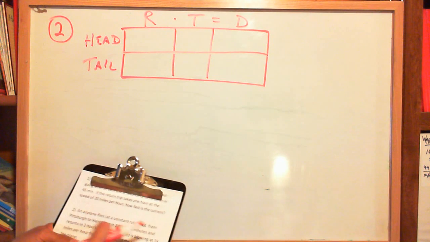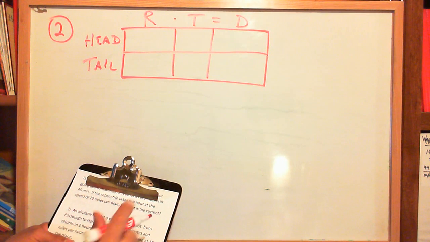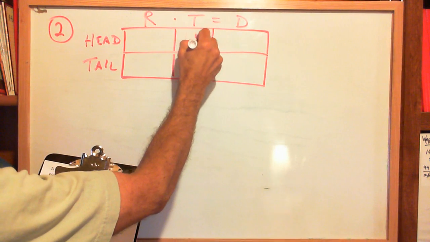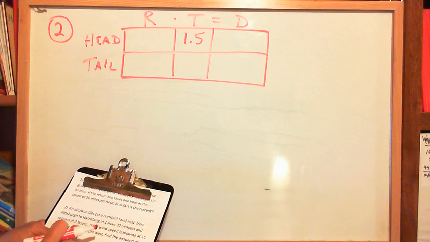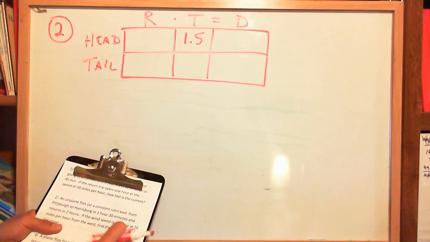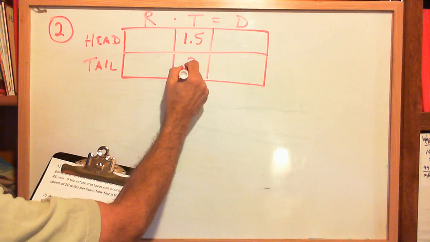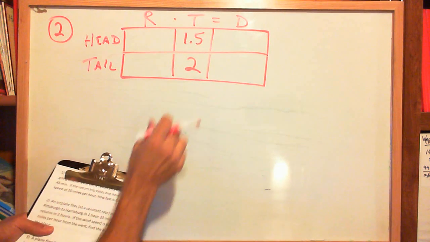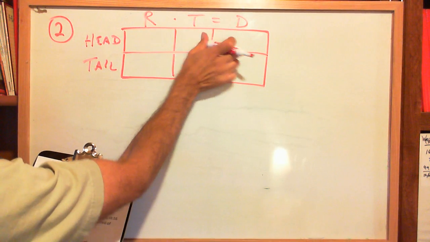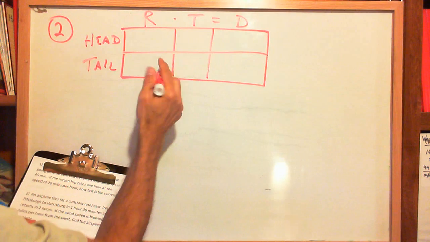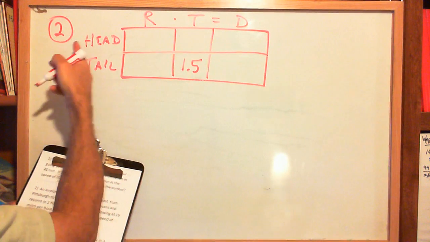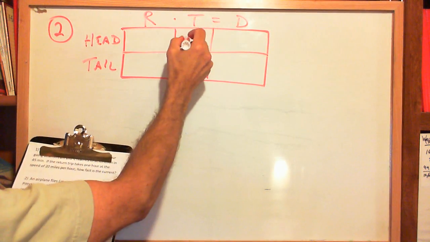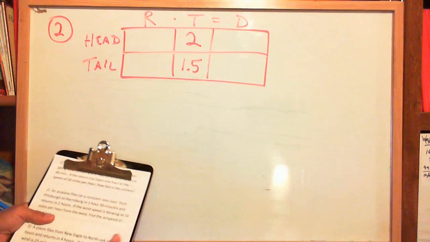So an airplane flies for 1.5 hours, and it returns in 2 hours. Oh wait a minute, excuse me, what am I doing? I did that backwards, sorry. The tailwind was 1.5 hours. The headwind is going to take longer, so that was 2 hours.